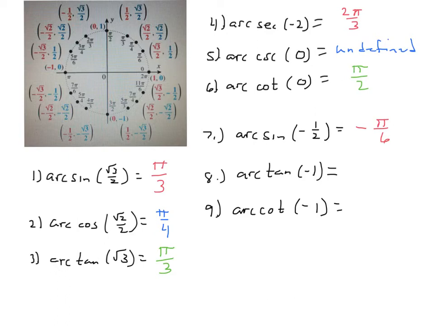I know the tangent is sine over cosine, or y over x, if you remember it that way. And if I'm going to get a tangent of negative 1, that means the x and y coordinates have to be exact opposites of each other. Well, where that happens is right here at 7 pi over 4. But again, because we're looking at this in terms of negative pi over 2 to pi over 2, if I start at 0 and do that rotation, this is going to be negative pi over 4.